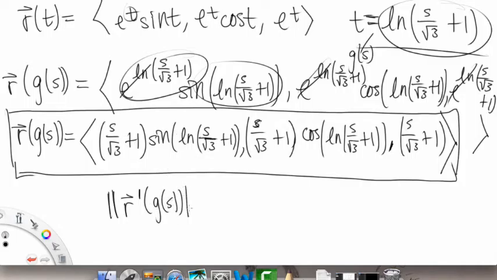You're going to take the first derivative of each of the components, and then you're going to square them, add them, and put the square root sign over them, and basically you'll find that it comes out to equal 1, surprisingly, even though this looks super messy. But anyways, it works out. So this is our arc length parameterization.